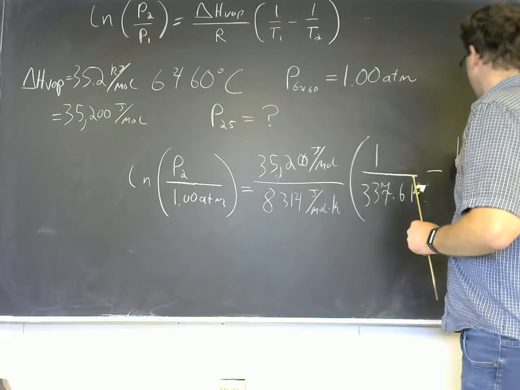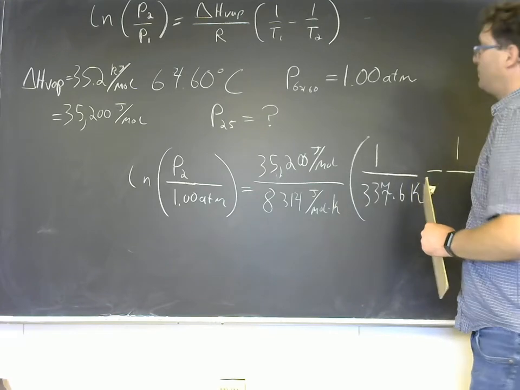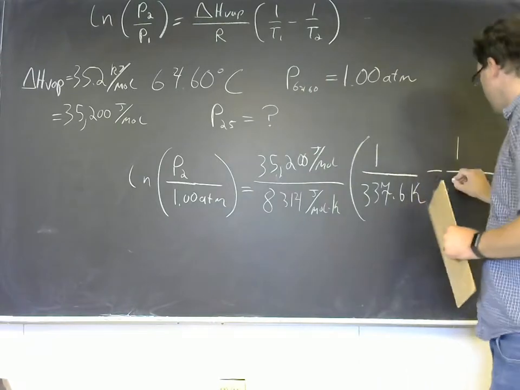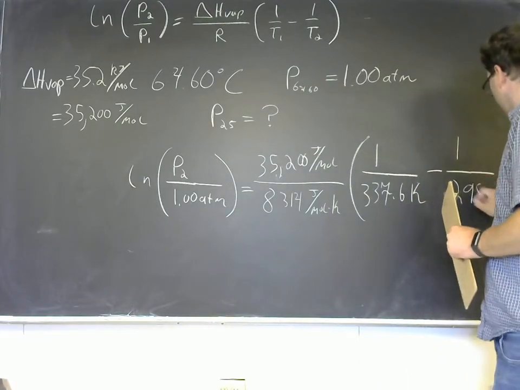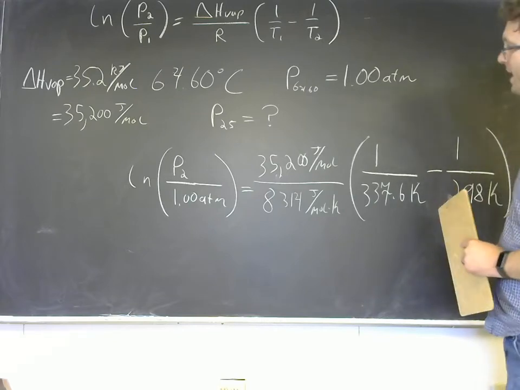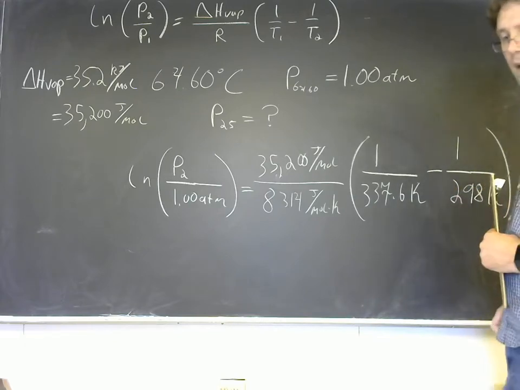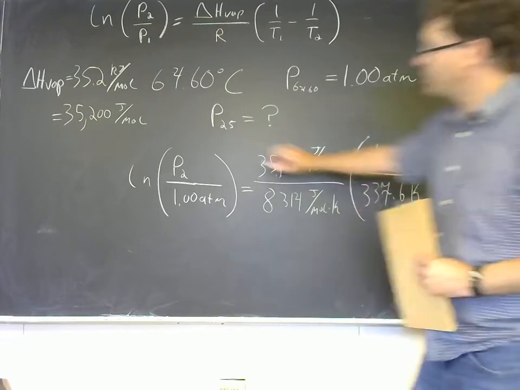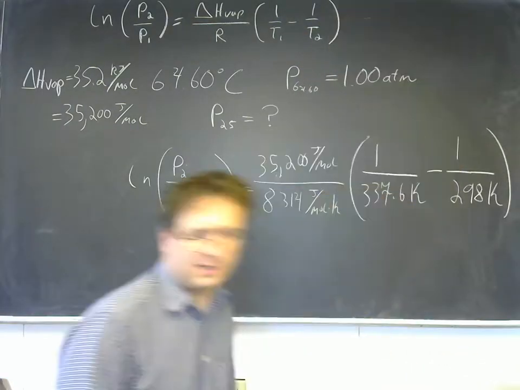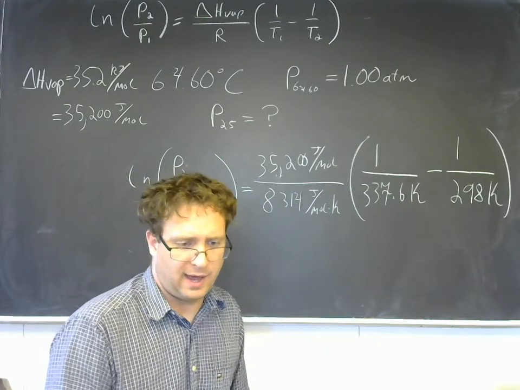Minus 1 over T2, which is 25 degrees Celsius. That's 298 Kelvin. And that is our equation, which is a bit imposing, but you'll notice we just have one unknown right here. So we can take care of this one little bit at a time.